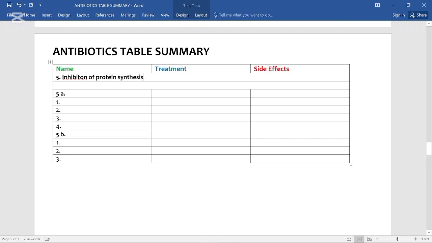So we have a class of antibiotics whose major work is to inhibit protein synthesis. Protein synthesis is very essential for the bacteria, especially for the bacterial DNA, because it's used to manufacture essential enzymes and proteins that are required for DNA replication, repair, or regulation. So protein synthesis is very vital when it comes to the bacteria.